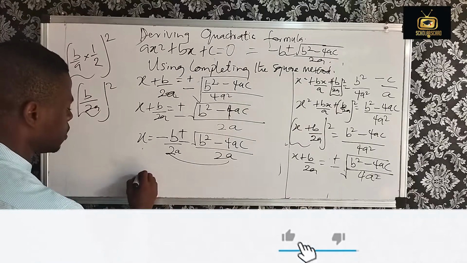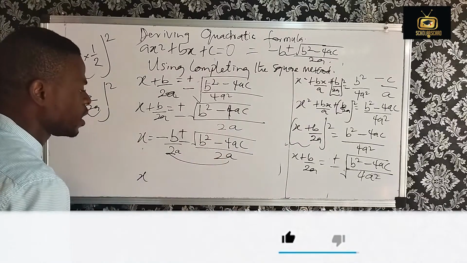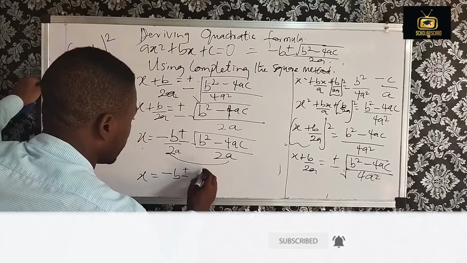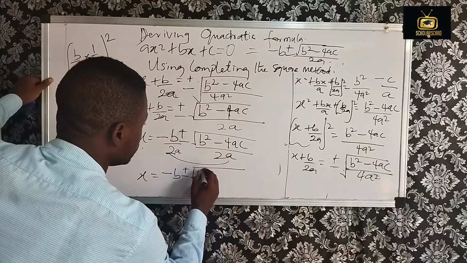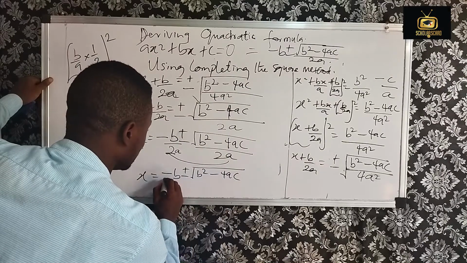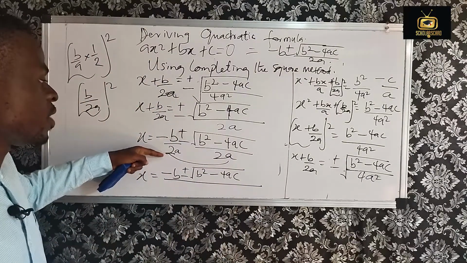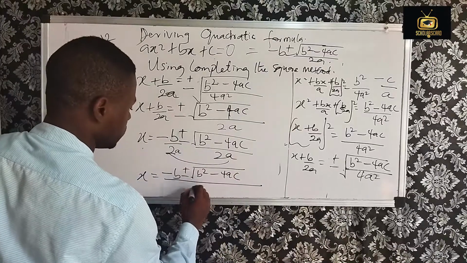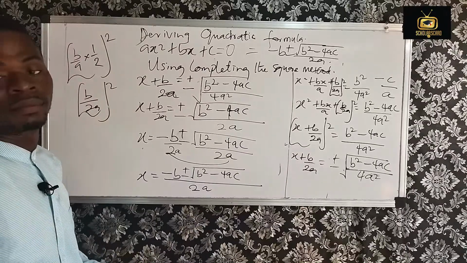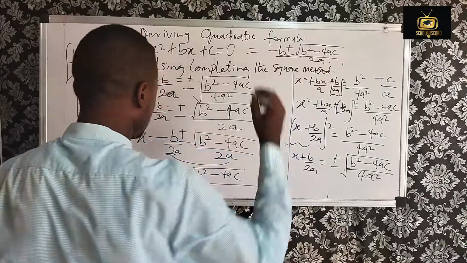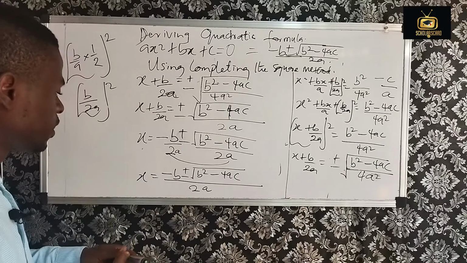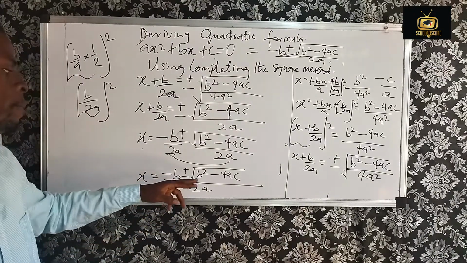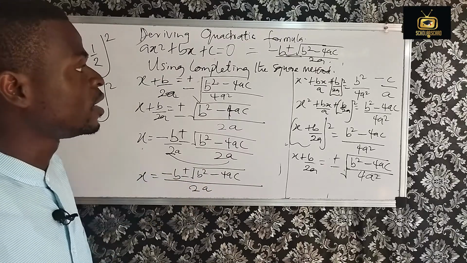Now x equals minus b plus or minus the square root of b squared minus 4ac, divided by 2a. Take note of that. So this is our final answer: x equals minus b plus or minus the square root of b squared minus 4ac over 2a.